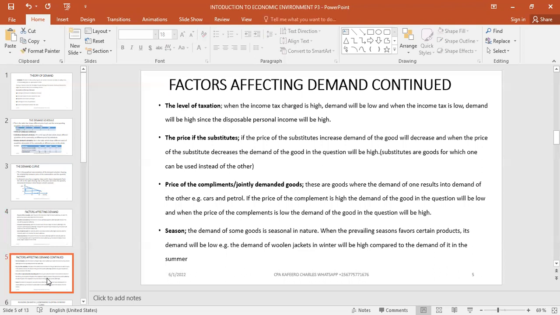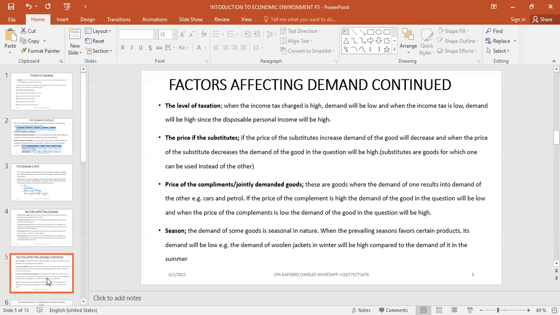So in the sense of taxation, we are talking about the level of the income tax that is charged on the personnel or on the employees of a certain company.